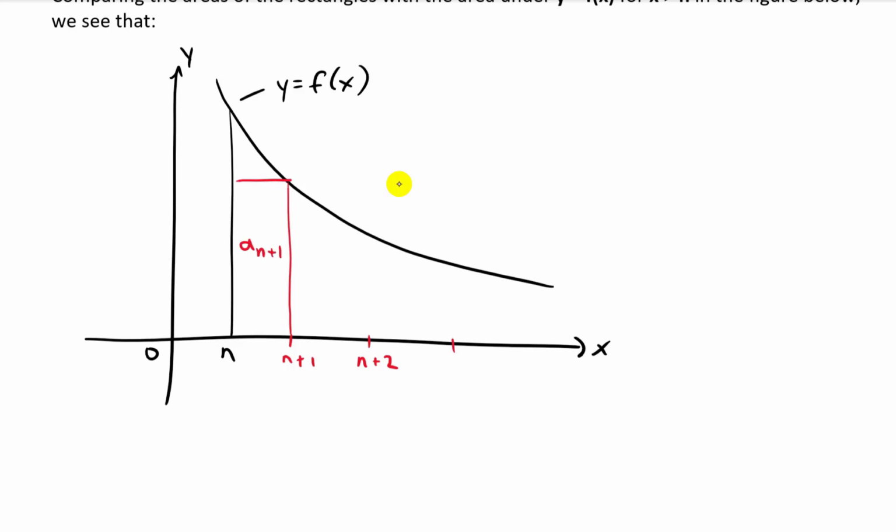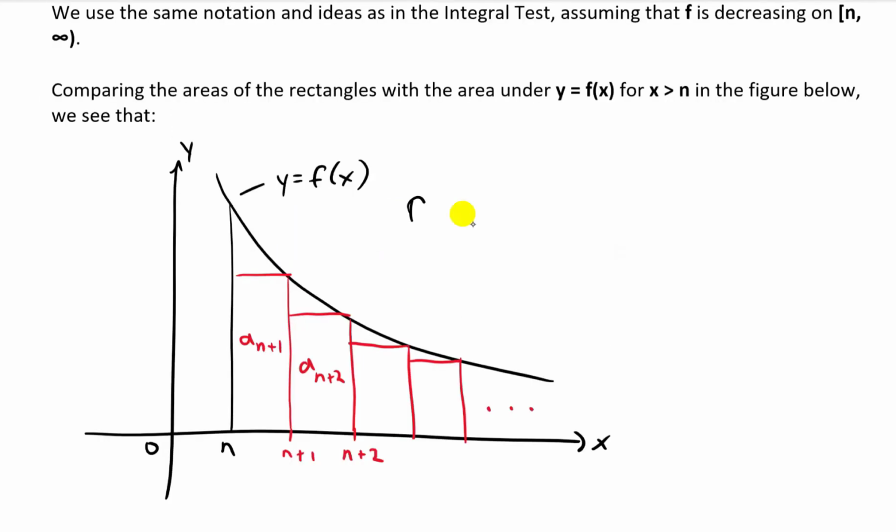And now likewise over here, make it a bit closer like that. So we have this, and this is going to be our a n plus 2, and so on. We're going to keep getting more and more like that. And these are all the terms after the nth term. And put a dot like that. Yeah, so that's what we have over here is Rn.